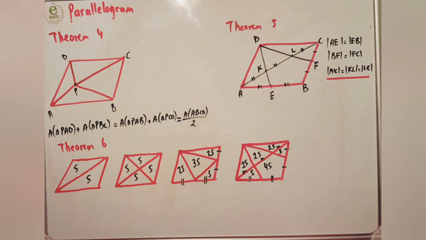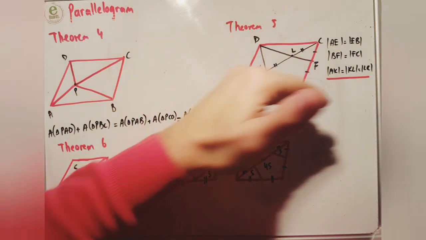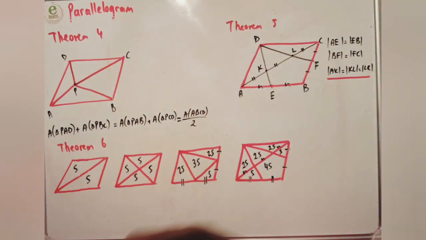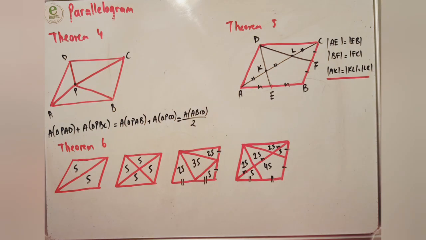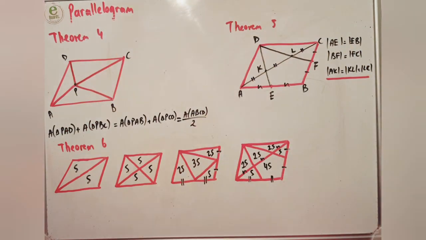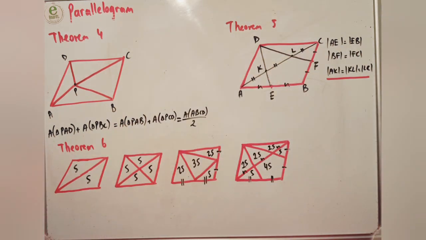If DE divides side AB into two equal parts and DF divides side BC into two equal parts, and also the line segments DE and DF intersect diagonal AC at points K and L respectively, we say AK is equal to KL is equal to LC.